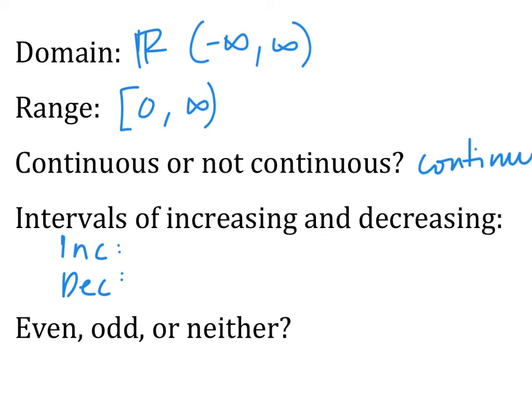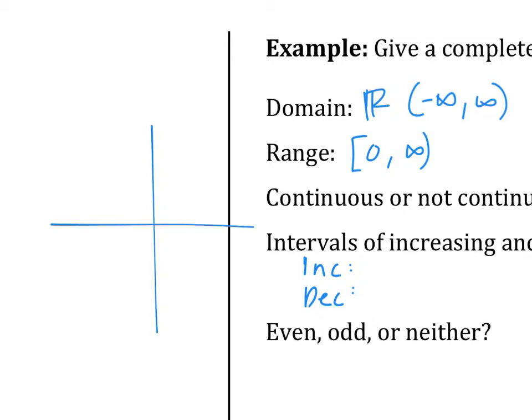This is the absolute value graph, and you're going to decrease first and then increase. So what are the intervals for increasing? Blake, increasing. Is it bracket 0, infinity? Yes.